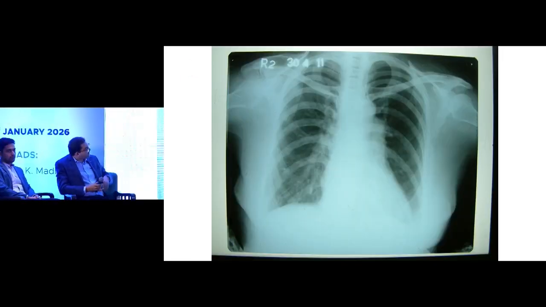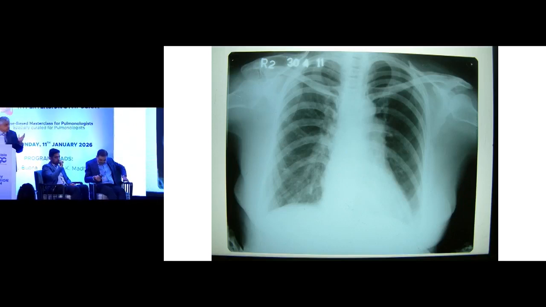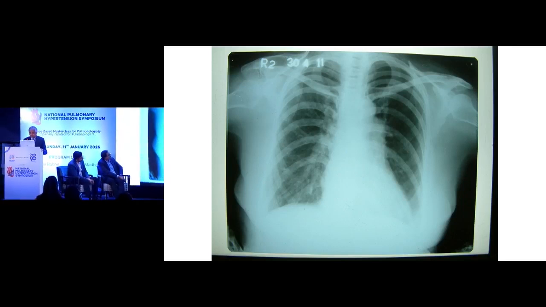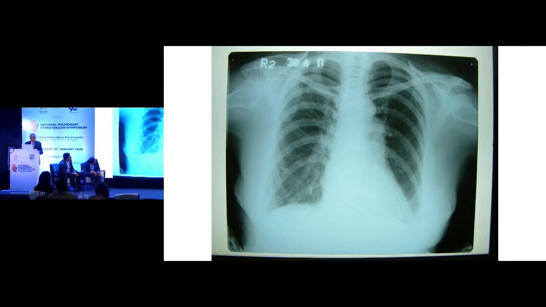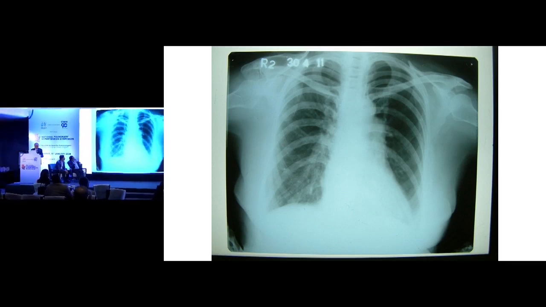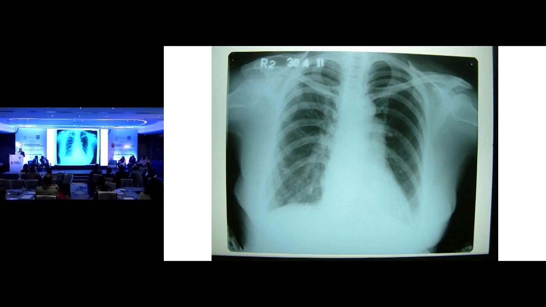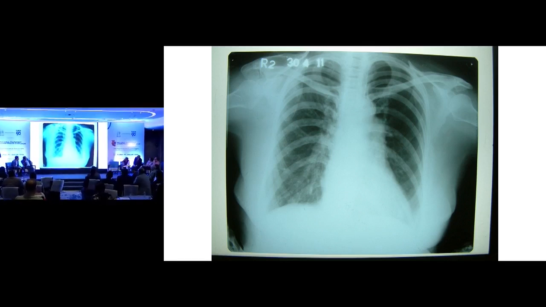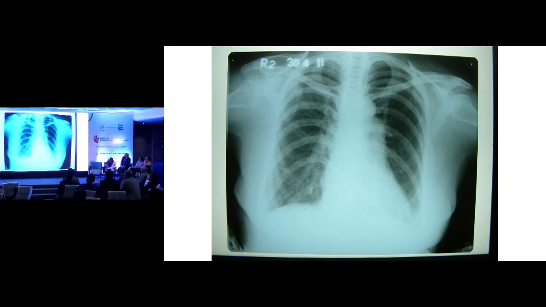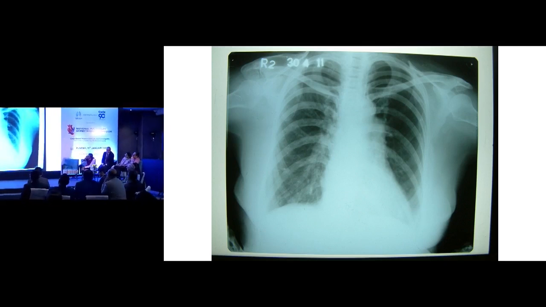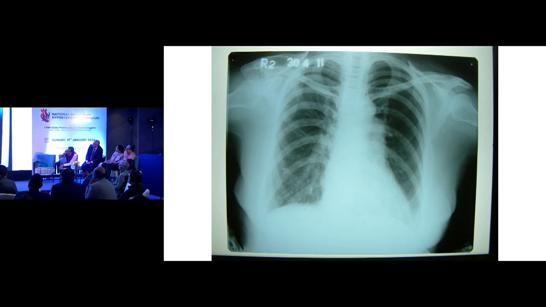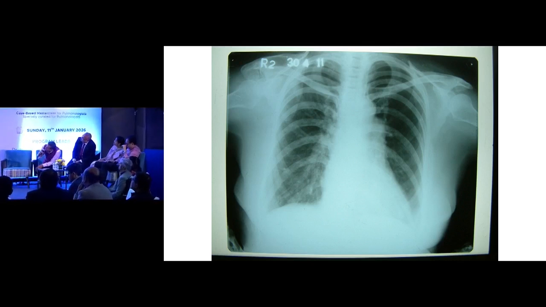So this is the X-ray of the patient, and any comments from the panelist? Dr. Parag, anything you'd like to say? So there's a prominence of bilateral lower zone interstitial markings and a reduction in the lung volumes. That is what I feel. Anything about the pulmonary artery? Nothing.